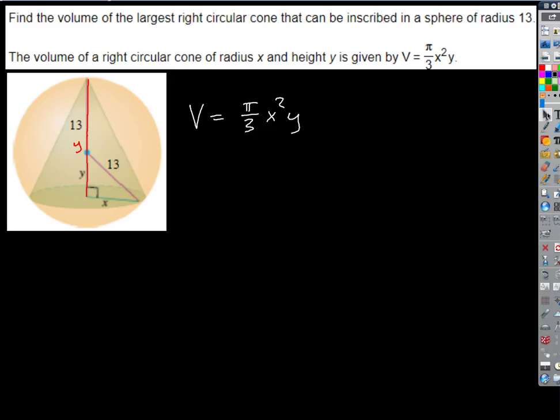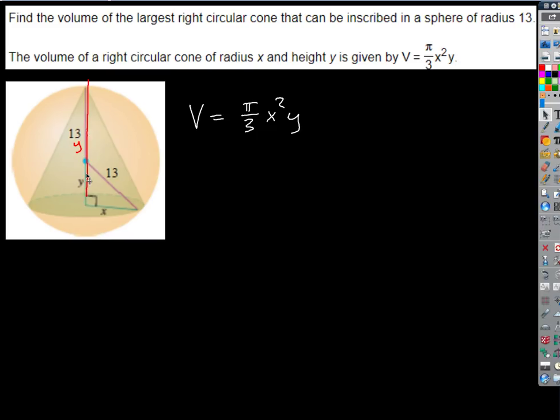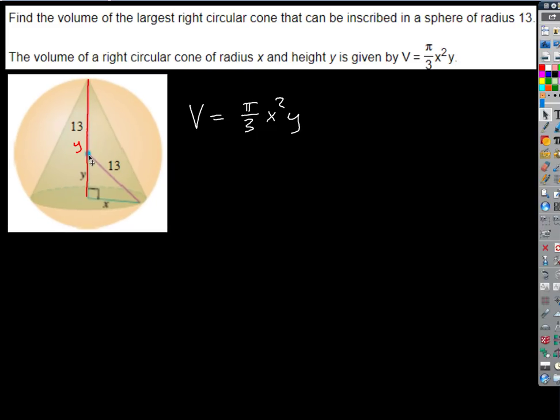Yeah, so we've got this right triangle in here. Look at the sides of that right triangle. We've got x, 13, and then this side over here is really y minus 13, because y is the whole distance.